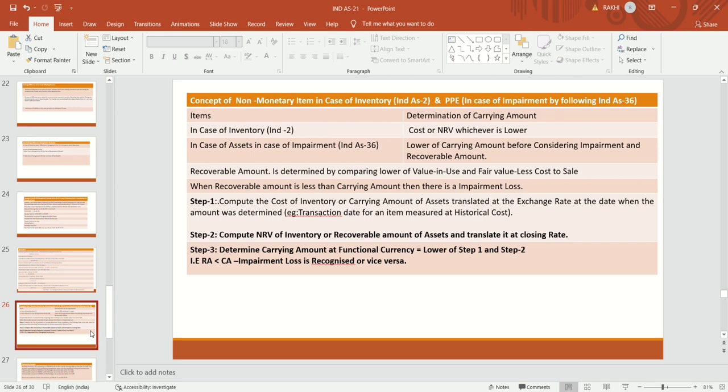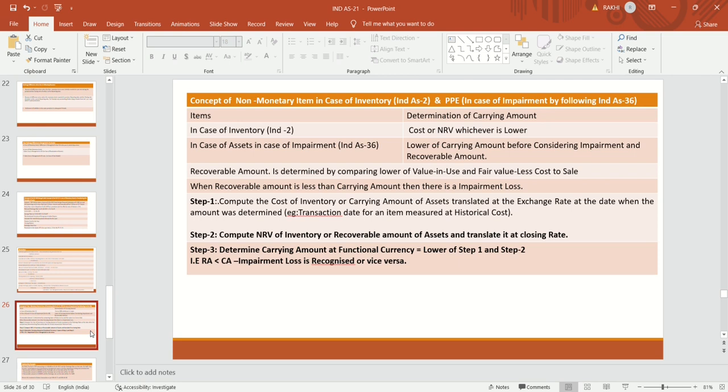So how will we check? In case of inventory and also in case of an asset, we will first compute the cost of inventory. How will we compute? By taking cost or NRV, whichever is lower, and in case of asset impairment testing, we will find out the carrying amount. How will we find the carrying amount?